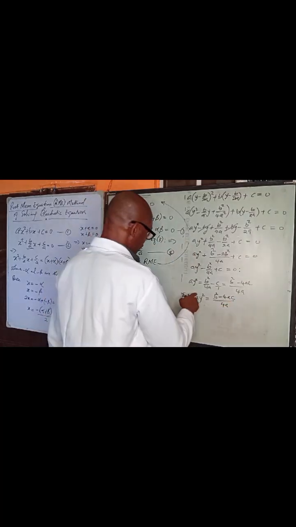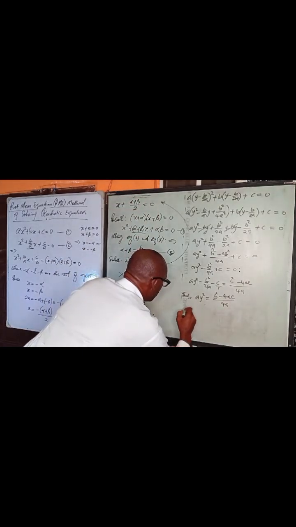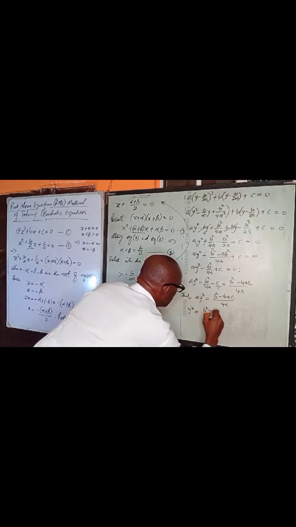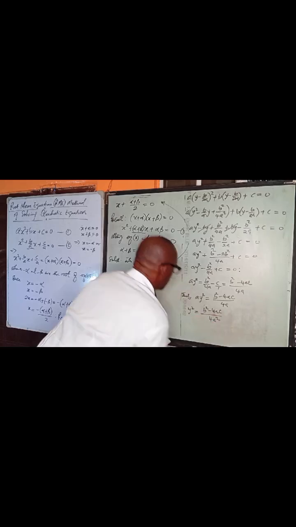Okay, so if you divide both sides by a, we have y square is equals to b square minus 4ac all over 4a square.